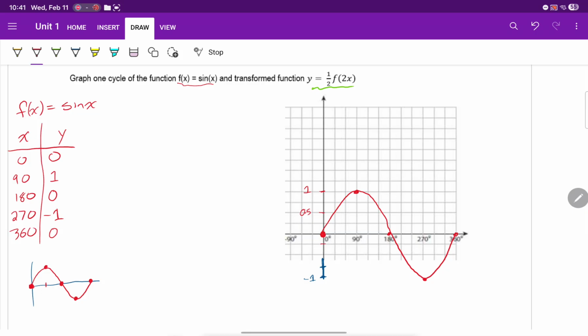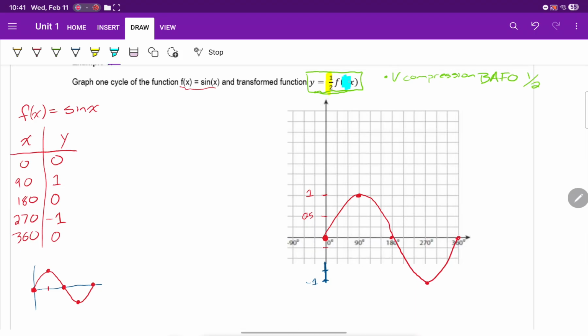All right, now we want to graph the transformed function, so we want to apply the transformations that are given here. The 1 over 2, this first one, is going to be a vertical compression by a factor of 1 over 2.